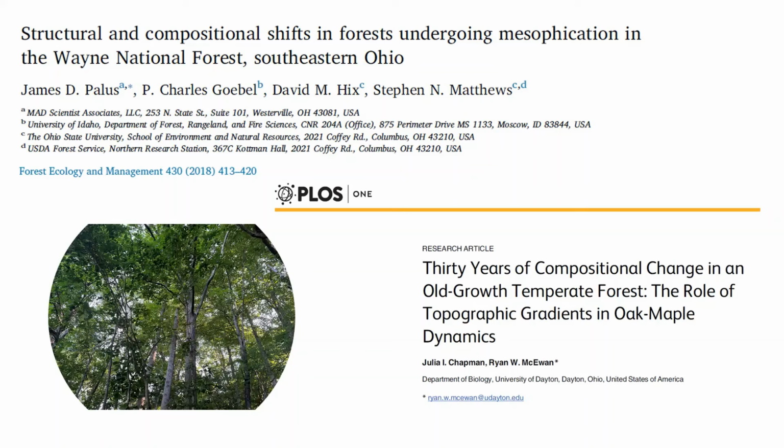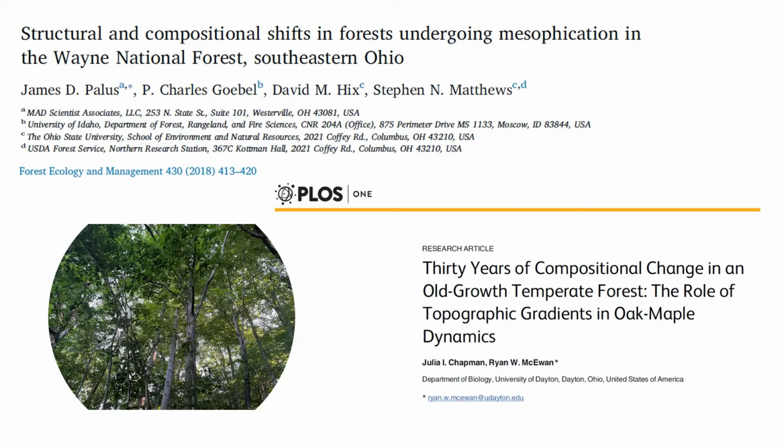So for example, from Ohio, we see some evidence that whether you're in a more mesic position, so kind of a cove, or up on a ridge, we don't see a drastic difference in whether mesophication is more severe. But in another example, an Appalachian old growth forest, we see that there is some variation.